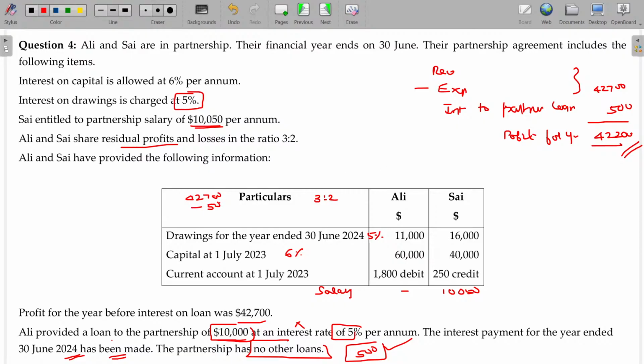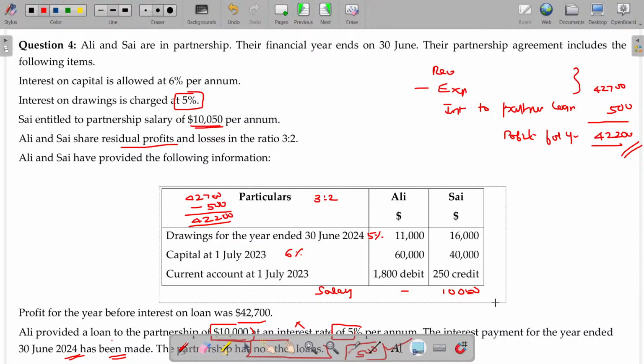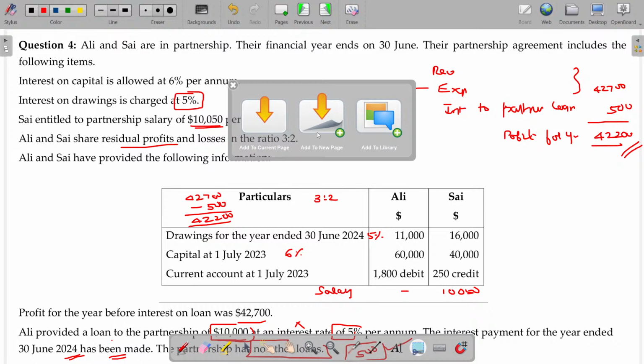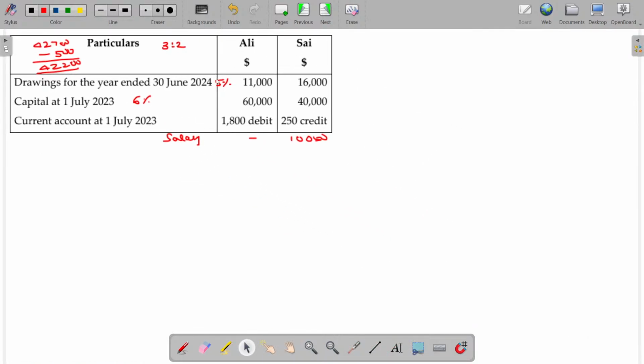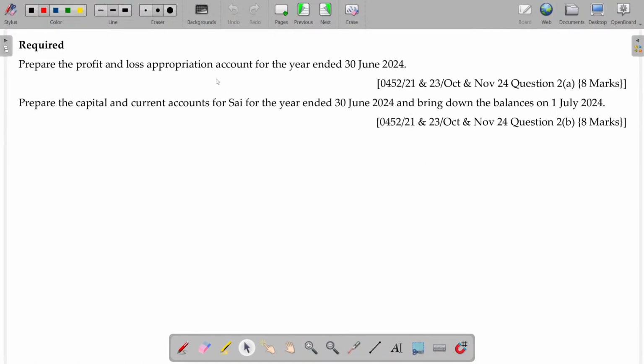So after subtracting the 500, the profit for the year for calculation purposes is 42,200 only. Is that okay? I need these particulars to prepare the required ledger accounts. What are the ledger accounts to be prepared here? Prepare the profit and loss appropriation account for the year ended 30th June 2024. Also prepare the capital account and current account of Sai. Okay.